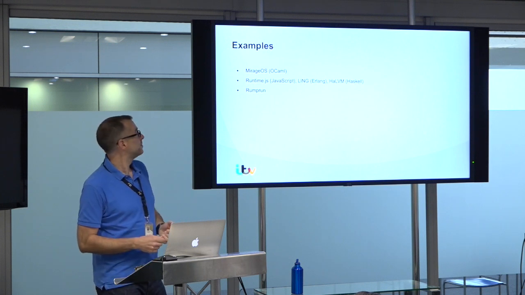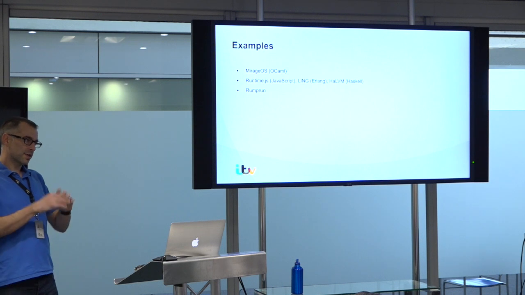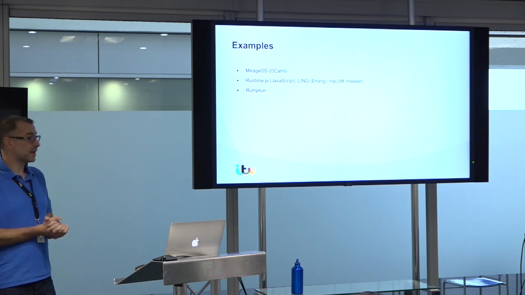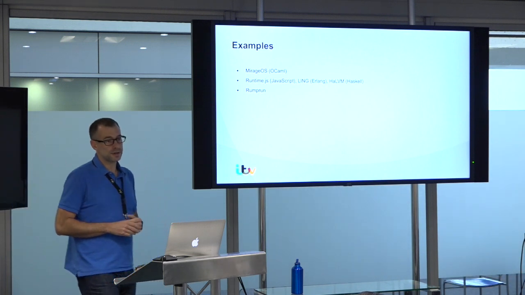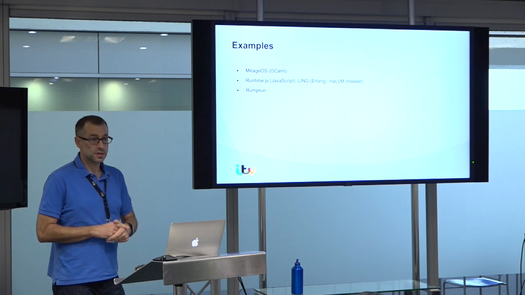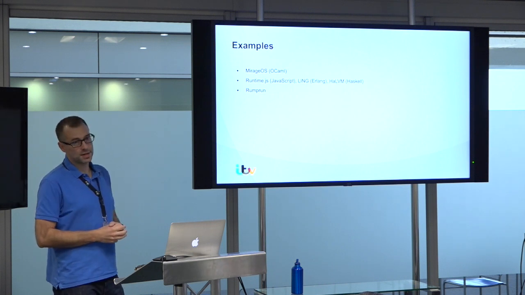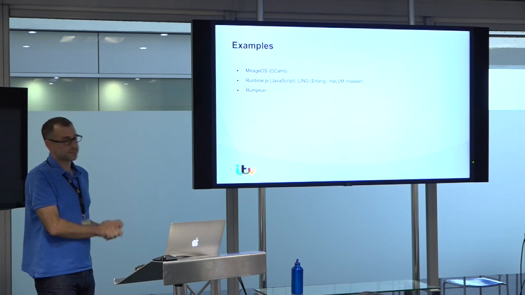So a class of unikernels are called rump kernels, which looks a bit more like a traditional operating system. So rump run is based on NetBSD. But basically, they've gone to town on modularization. So it's a very, very modularized operating system. So you basically say, I just want this bit, and this bit.